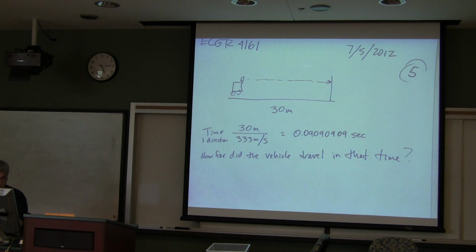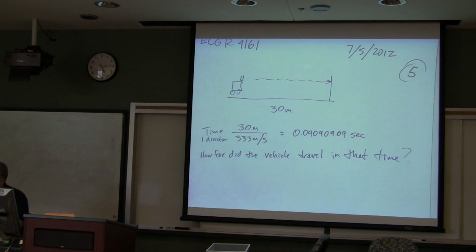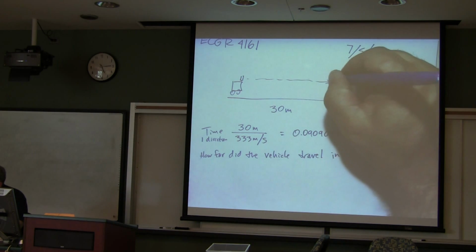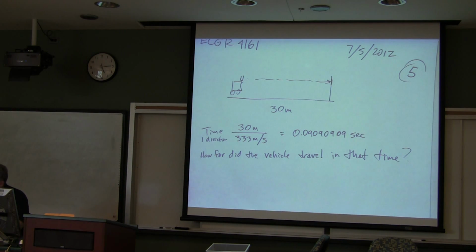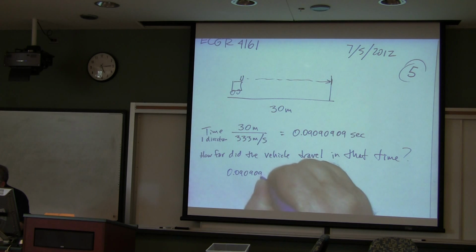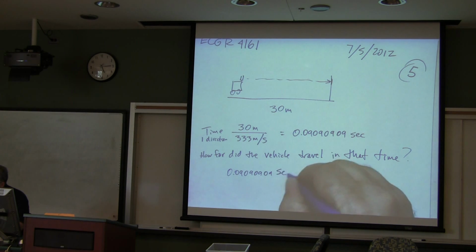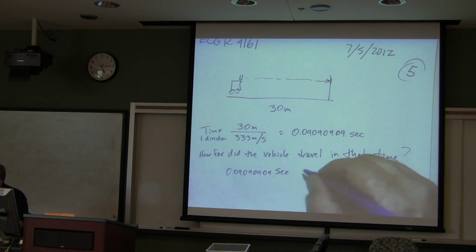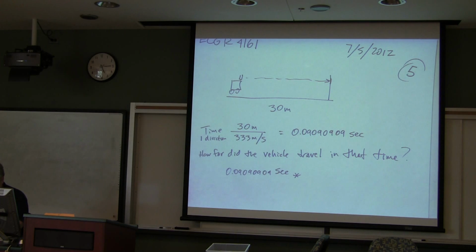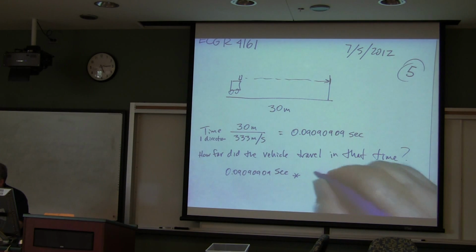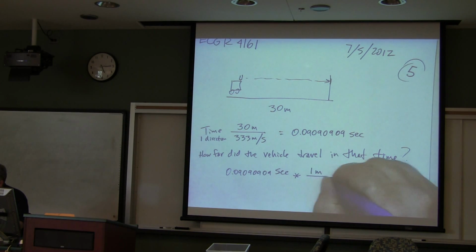And so that's a fairly easy assumption to make, because at the one point where the wave hits this point, we know that it took 0.09090909 seconds, and we know the velocity of this vehicle is 1 meter per second.